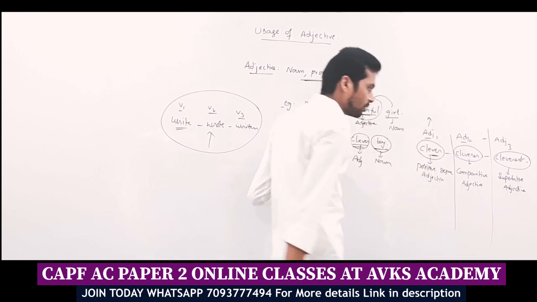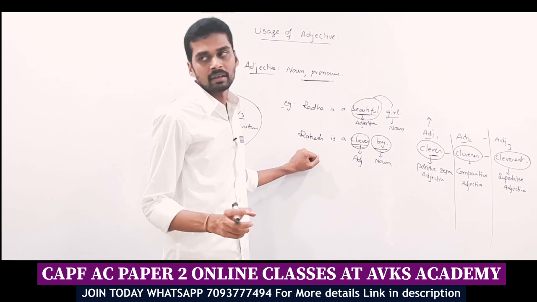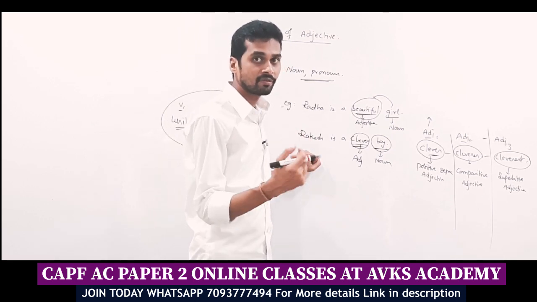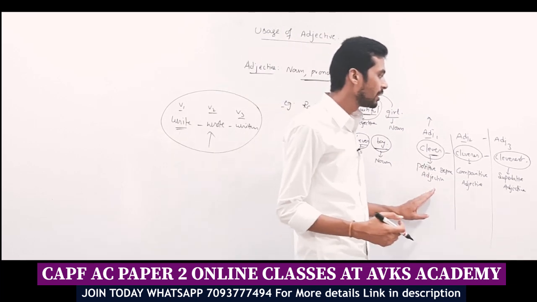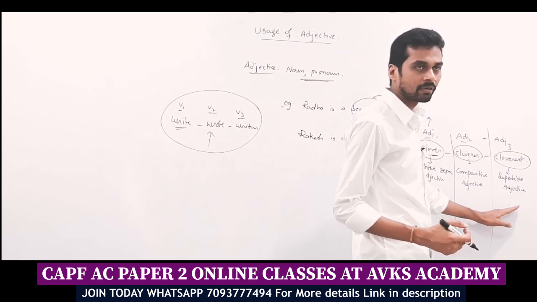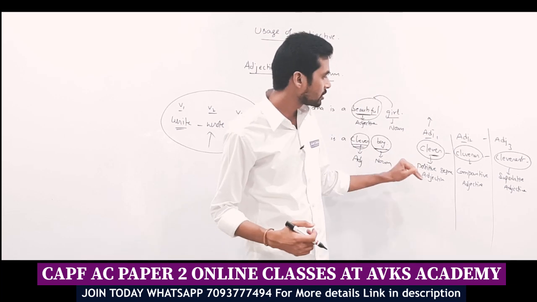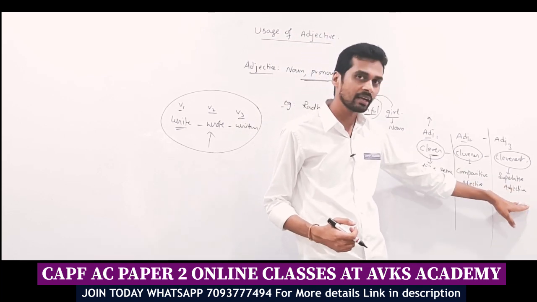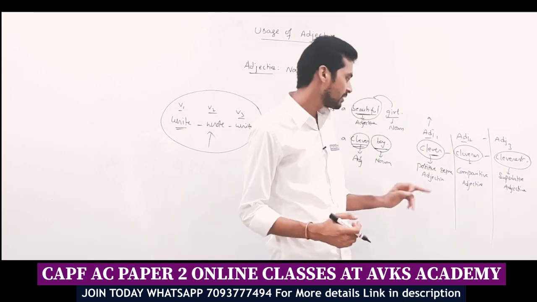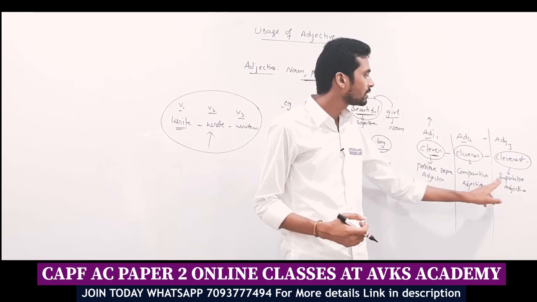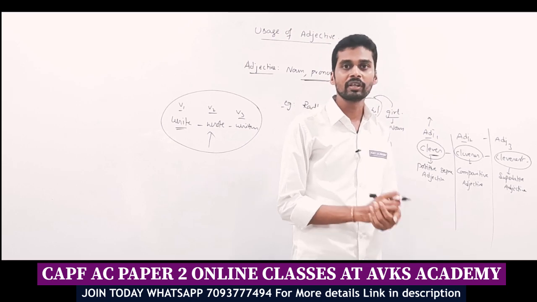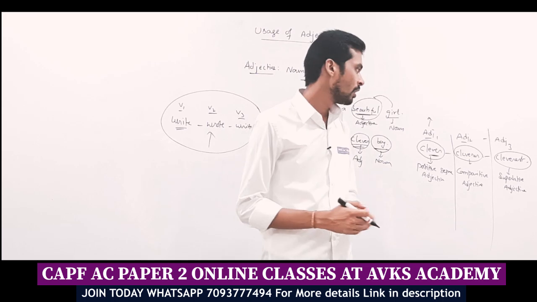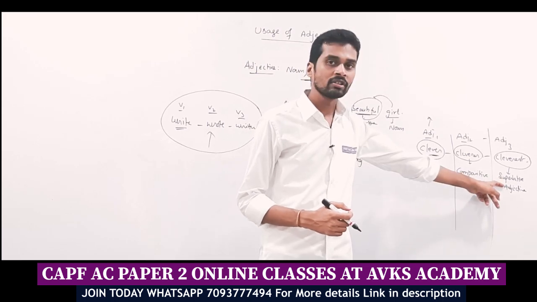In the English language you can take any adjective, and any adjective has three different forms: positive degree, comparative degree and superlative degree. We can call it positive degree adjective, comparative degree adjective or superlative degree adjective, or simply positive adjective, comparative adjective, superlative adjective. All these adjectives have three forms.